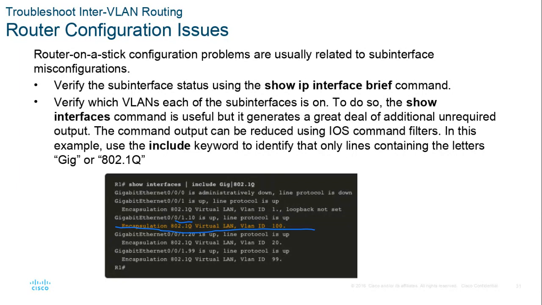But when he typed the encapsulation command, he didn't say 10, he accidentally typed a second 0. And so he thinks it's VLAN 100. There's no VLAN 100 in this topology. And that's going to kill any communication between anyone that was plugged into a VLAN 10 port. In this case, PCA, PC1 that was plugged into port 6 of switch 1 will not be able to communicate and ping the other devices.